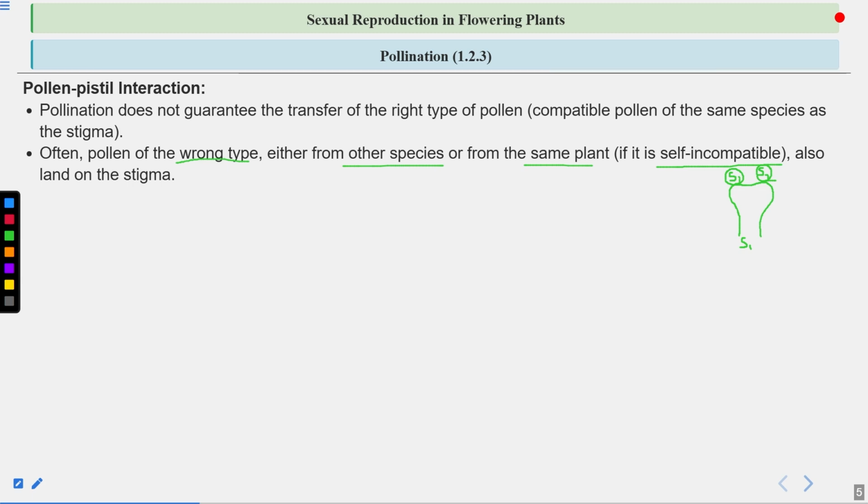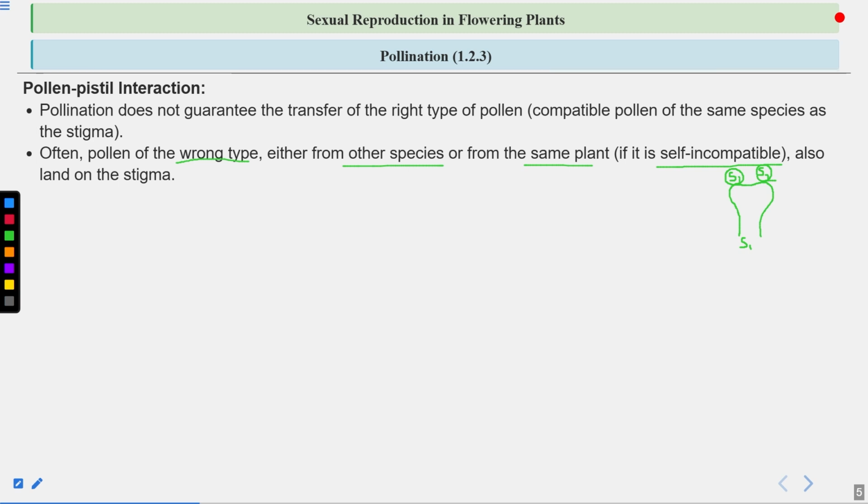So which pollen grain will be allowed to germinate? Actually, there is an interaction between the pollen and the pistil, and the pistil allows a particular pollen to germinate on the stigma.